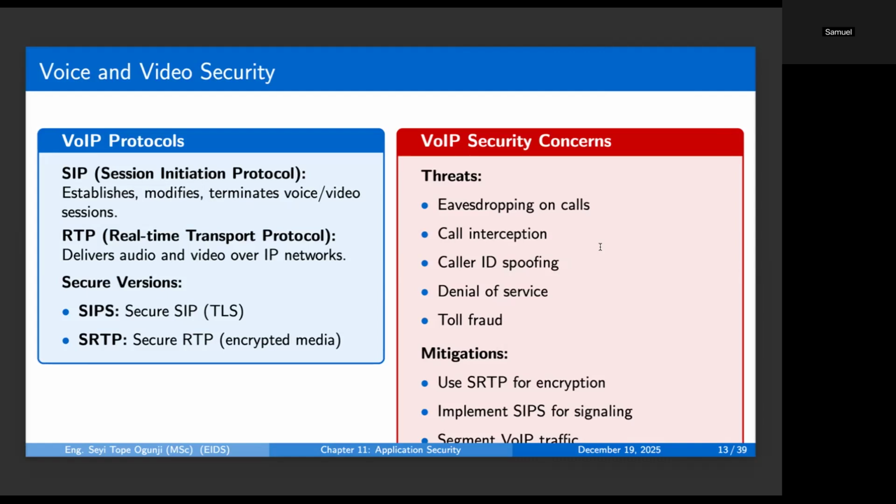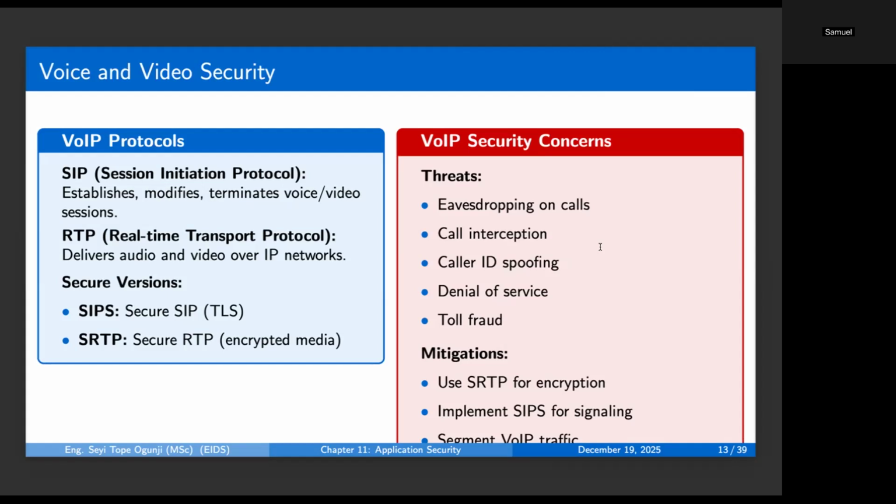But there are some concerns over VoIP, the voice internet protocols, and the concerns are not far-fetched. One of them is what we call eavesdropping on calls, like somebody putting his or her ears at the door and listening, hiding, to the information being communicated.